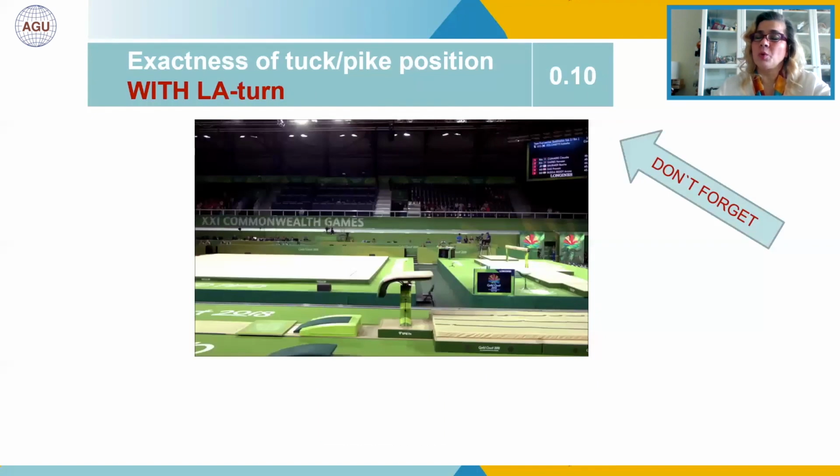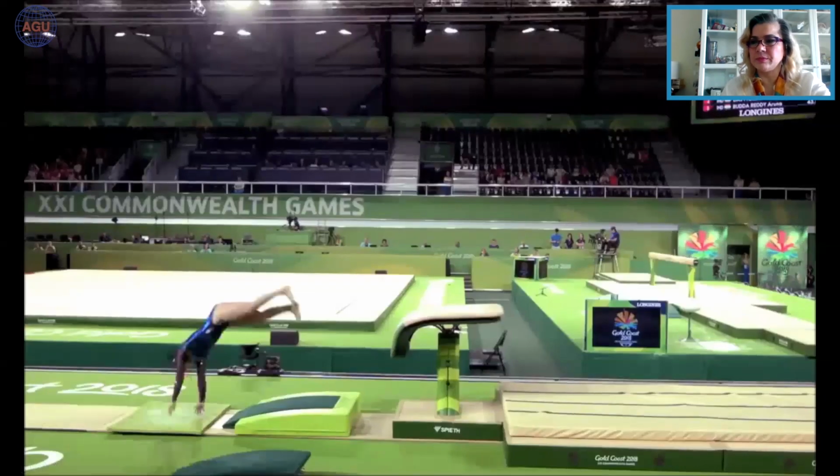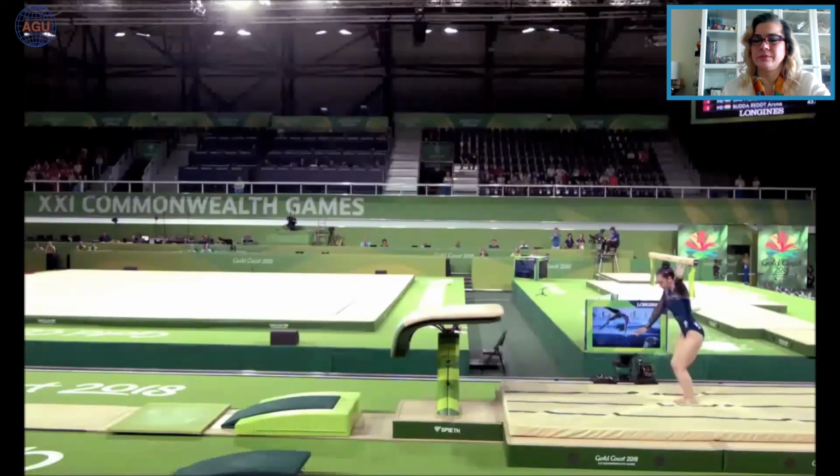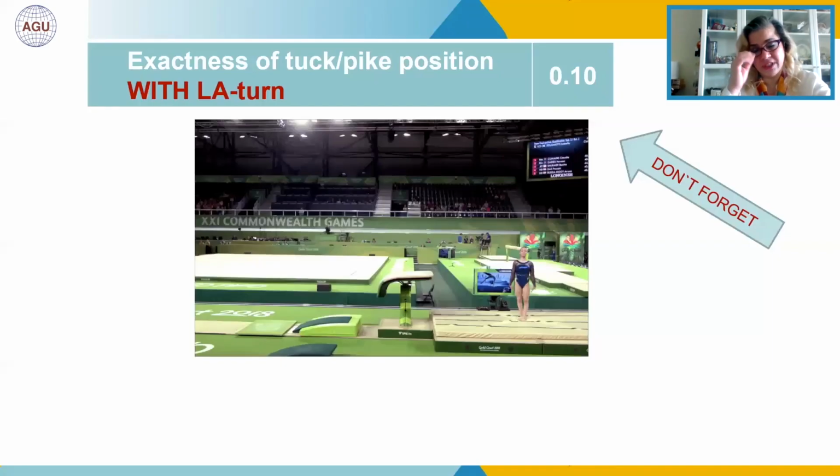Now, don't forget, when we have a pike or tuck salto with longitudinal axis turn, then the maximum deduction is only 0.1. Don't forget, okay? Let's see the example. So as you could see, even though it's a little far from the ideal tuck position, we still deduct only 0.1, okay?